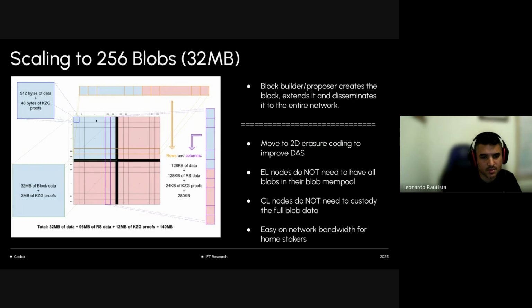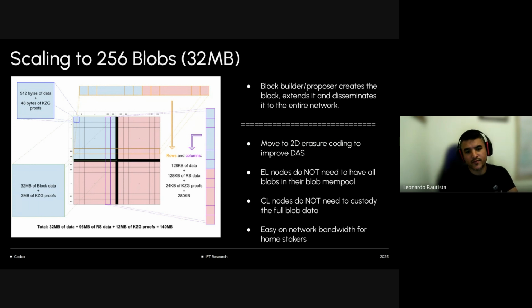And then you extend them horizontally, as I mentioned before, and then you get the red square that you see here on the top right side. But then you can take all of these and do the same erasure coding vertically, and then you extend to the bottom part of this matrix, okay? And then from 32 megabytes, you will move to 128 megabytes.